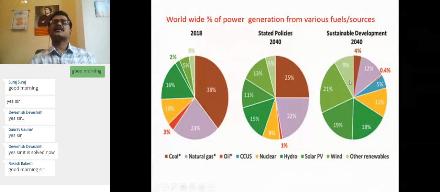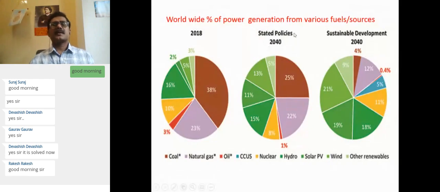As the population is going to increase from 2020 to 2040, the trends of consumption will be ever increasing. It will never come down. So to bridge that gap between supply and demand, you must have sustainable efforts. So sustainable development has been added as a separate pie chart in this slide. Let us see this one.